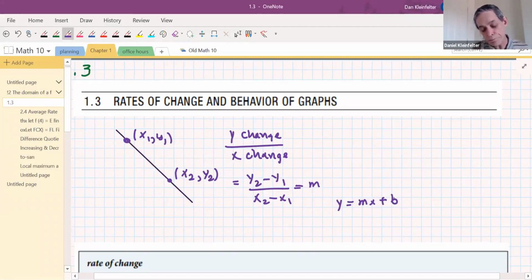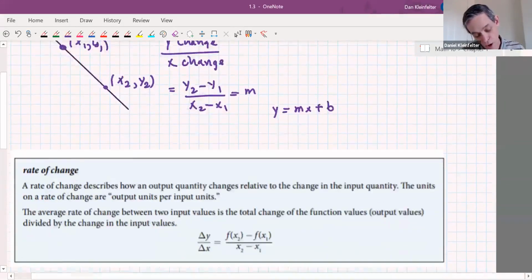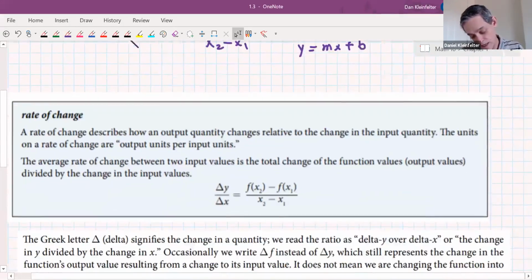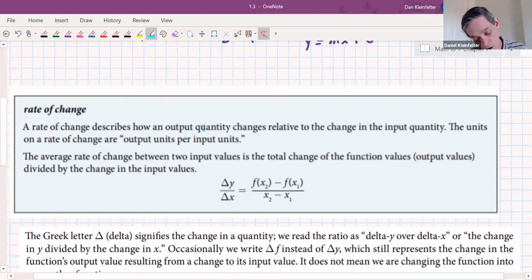All right, so what this part of this section has to do with is extending that idea to look at functions that are not necessarily straight lines, because of course the slope idea had to do with linear functions. So we want to define the idea of the rate of change of a function. A rate of change describes how an output quantity changes relative to the change in the input quantity.